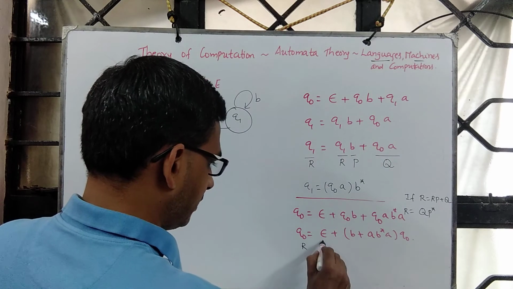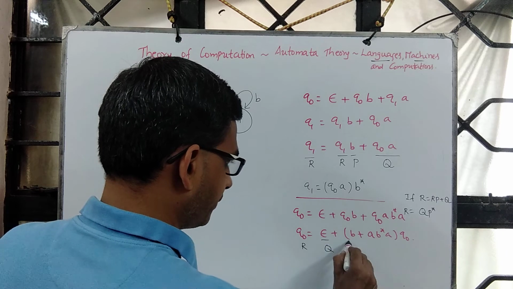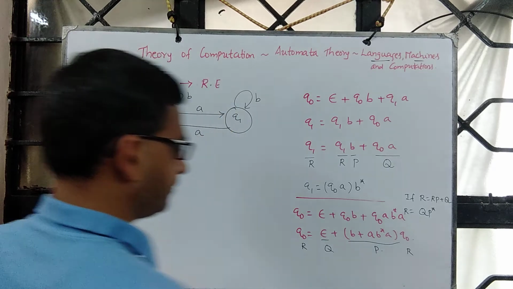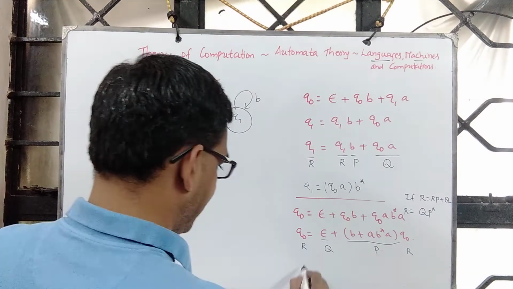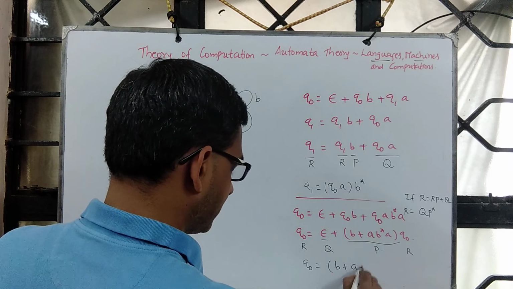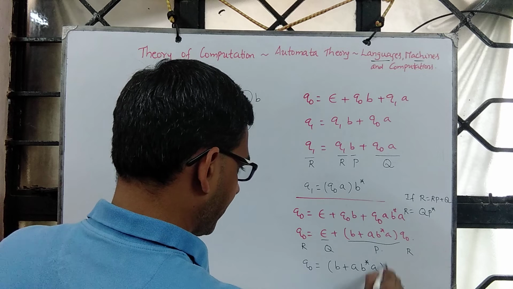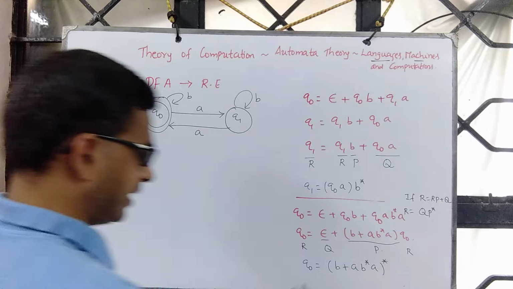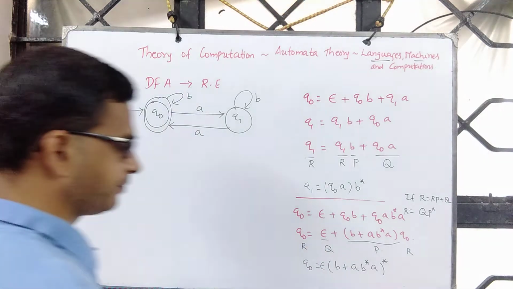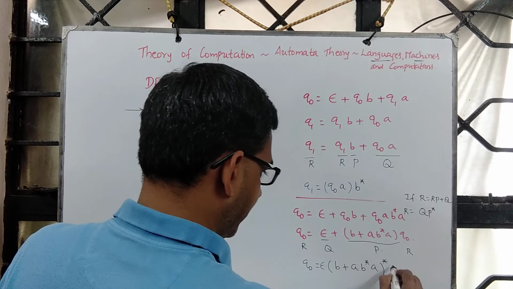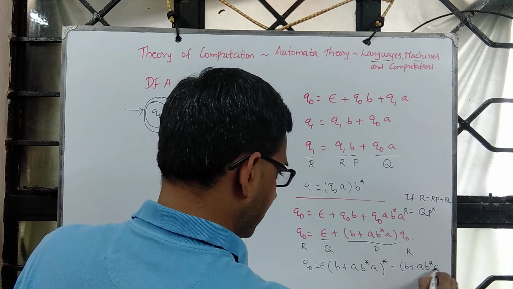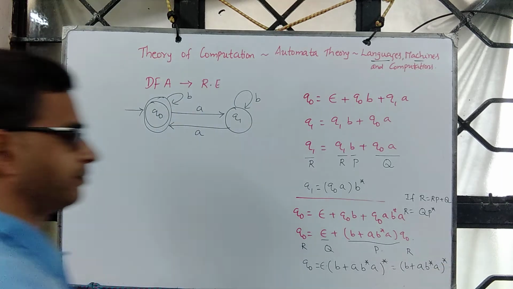Now this is R, this is Q, this is R, and this one is P. Now solution says Q naught is B plus AB star A to this star. Before that it is epsilon, so epsilon into this. So then what we get is precisely B plus AB star A the whole star.